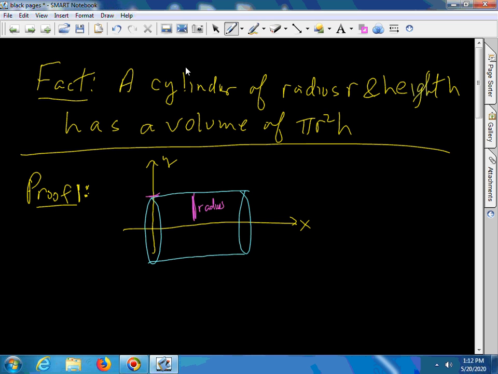That means that this height from y equals 0 to y equals r will be r units. And this distance down here, that's going to be the height of the cylinder. That is, we start at 0 and we end at h.